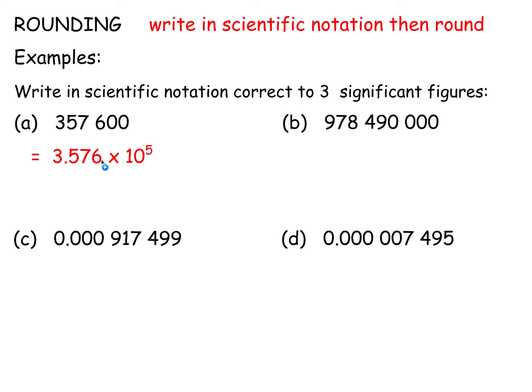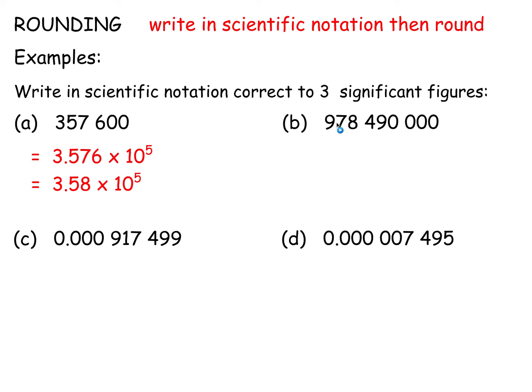Halfway between 3.57 and 3.58 is 3.575, that's a halfway position. So this is nearer to 3.58. So the 6 makes it round up to 3.58 as opposed to rounding down to 3.57.